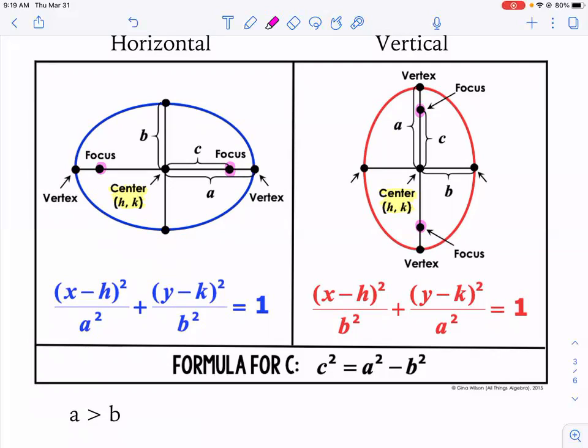Notice here, C squared equals A squared minus B squared. That is how we determine C. C is often going to be an irrational number. That's okay.